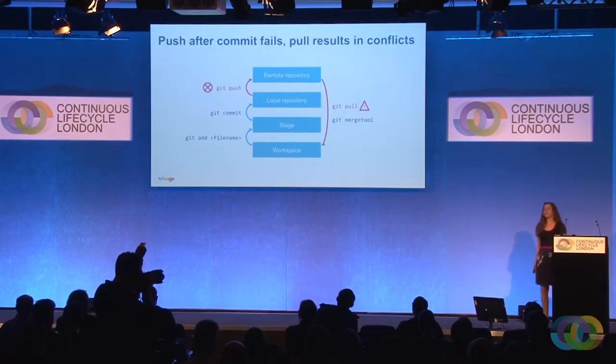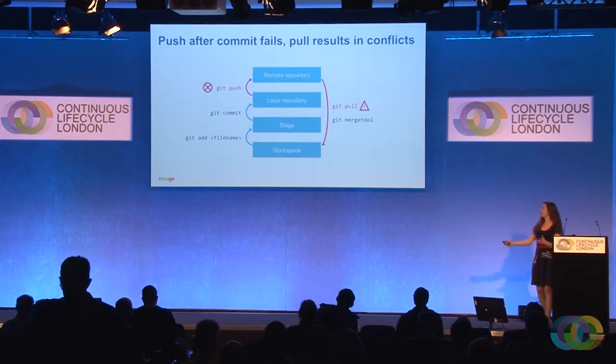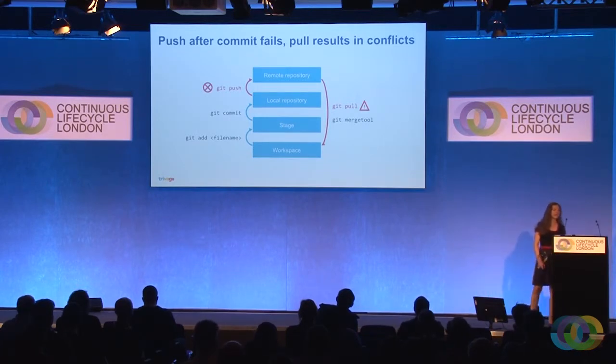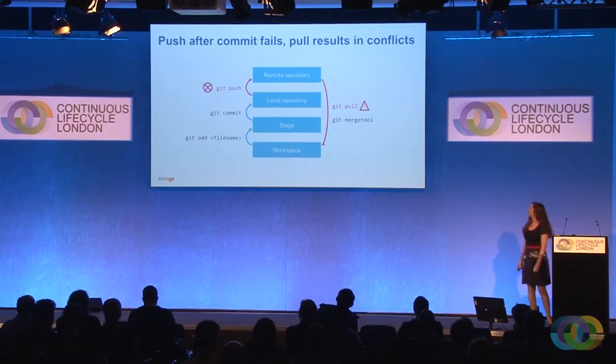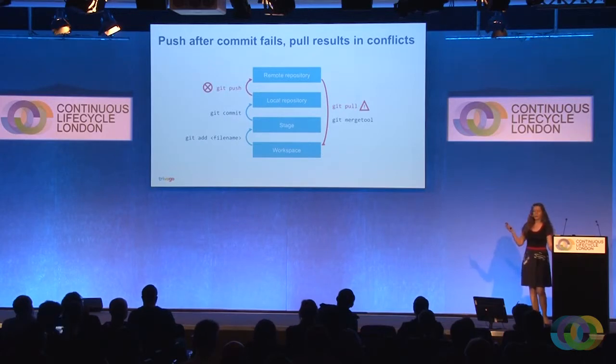So what often happens is you just finished working, you're about to go home, you want to push your code, and bam, that doesn't work. And then you want to pull, and there's a merge conflict, and then you need a merge tool, and all of this is very stressy. So the documentation recommends using a graphical merge tool, not the command line tool.